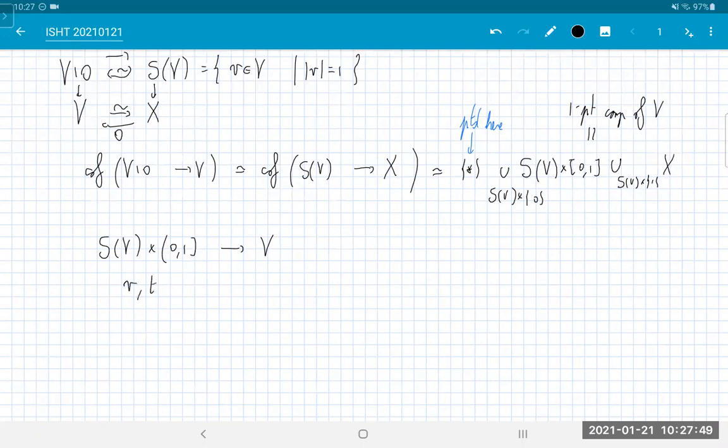Direction doesn't matter, the formula is a bit more complicated, but the idea is you rescale V so that for t equals 1, you get 0. And as t goes to 0, this goes to infinity.